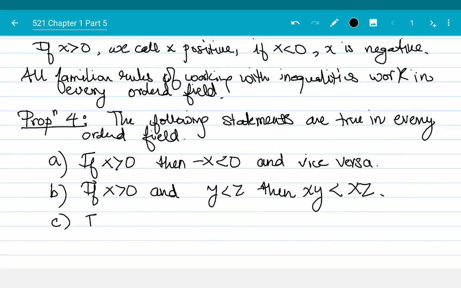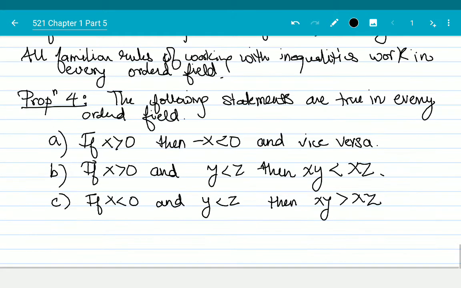C. If x is smaller than 0 and y is smaller than z, then multiplication by a negative number reverses the order: xy is greater than xz.